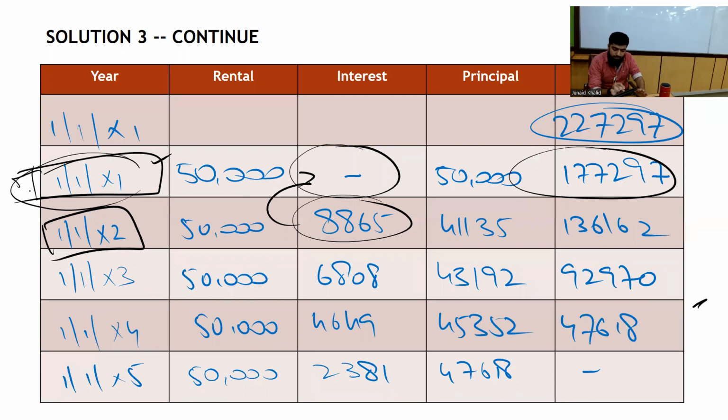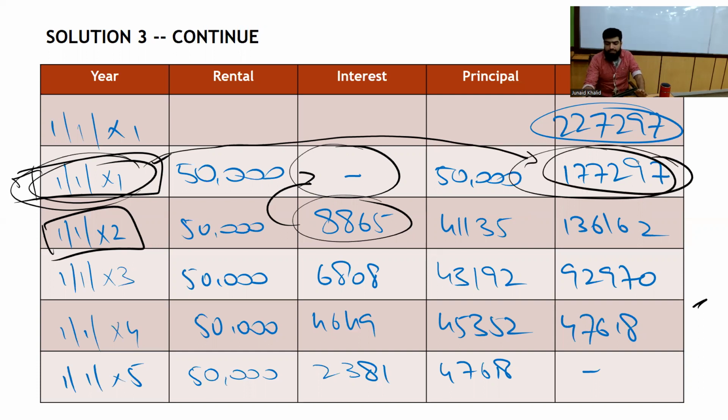On 1st January 2001, at the start of the year, we had a total liability of 177,297.